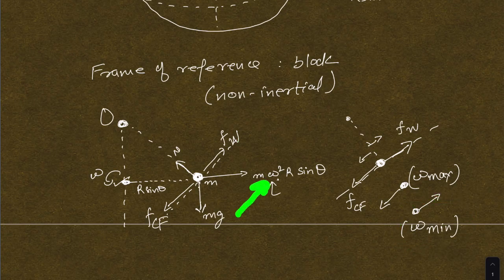Similarly, as omega goes up, centrifugal force goes up. The friction due to centrifugal force goes up. So at some point, this force starts to dominate this force, and the net frictional force is in this direction. So this is the case when we'll consider net frictional force in this direction, in the case of omega max. So let's analyze the two cases.